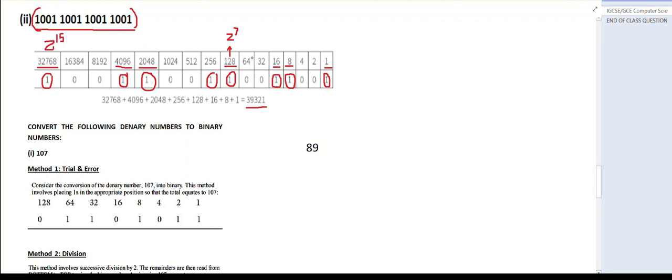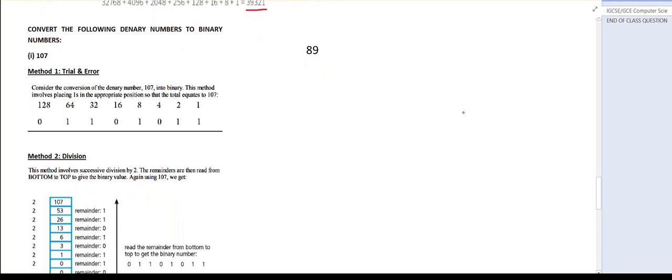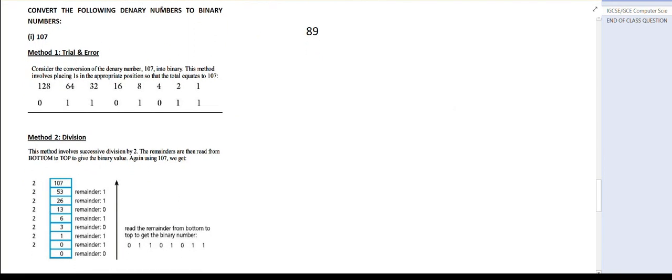Remember, the headings are always powers of 2. 2 to the power 0, 2 to the power 1, and like this, right? Now, next is from denary to binary. Convert the following denary numbers to binary numbers, right?